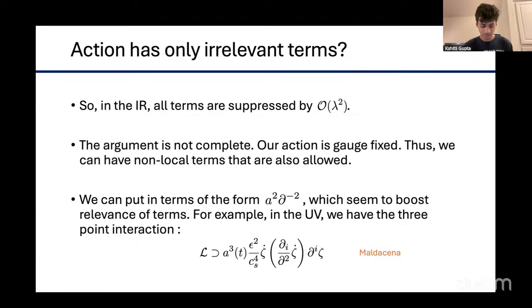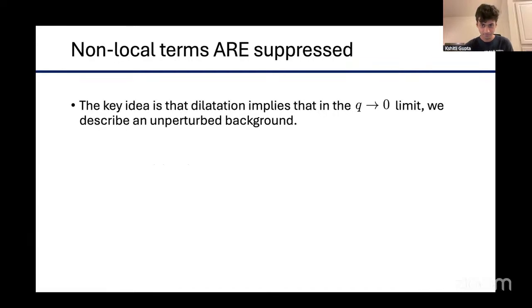This argument is not exactly complete. This is because our action is gauge fixed, so we can actually have non-local terms that are allowed as well. For instance, when Maldacena calculated non-Gaussianity, he had this term in the action. So the derivatives can go in the denominator as well, which is a slight subtlety. If this goes into the denominator, you can have power counting that is boosted and some terms can start becoming relevant again.